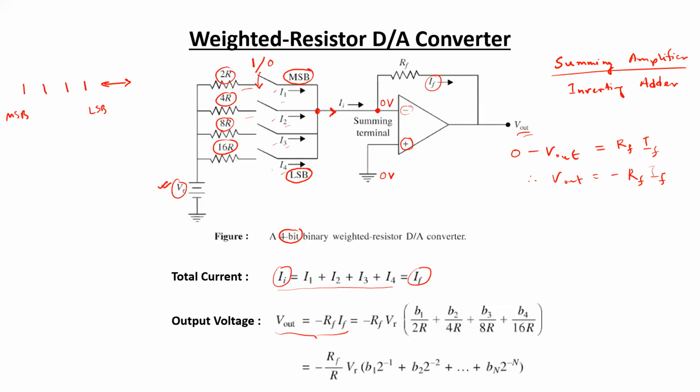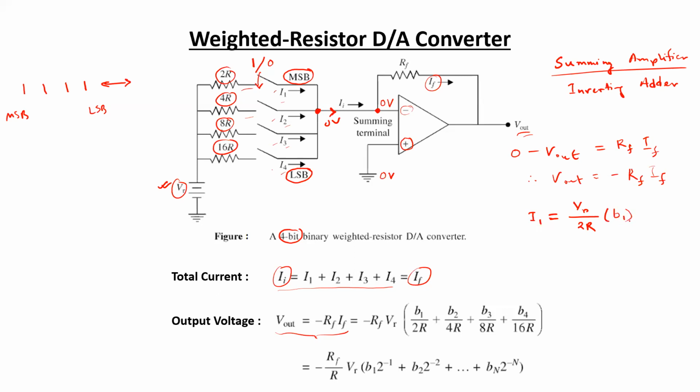So the potential at this node is actually 0 volts. So for I1, we can easily write the expression to be VR divided by 2R. Now, whether there is going to be current flow or not depends upon the status of the switch. If the switch is closed, the current will be flowing. If the switch is open, current will not be flowing. So that is also representing our binary bit.